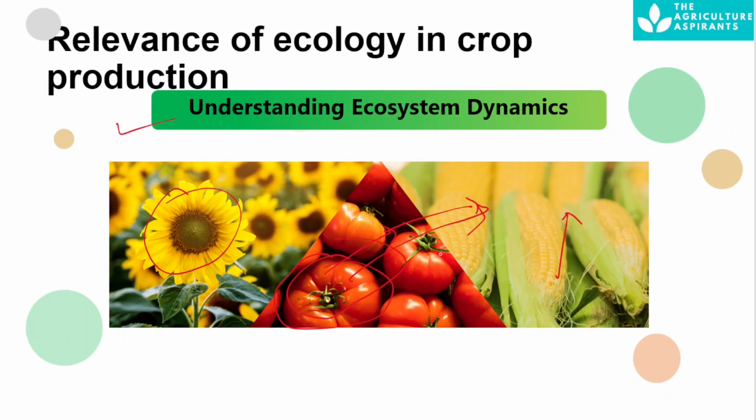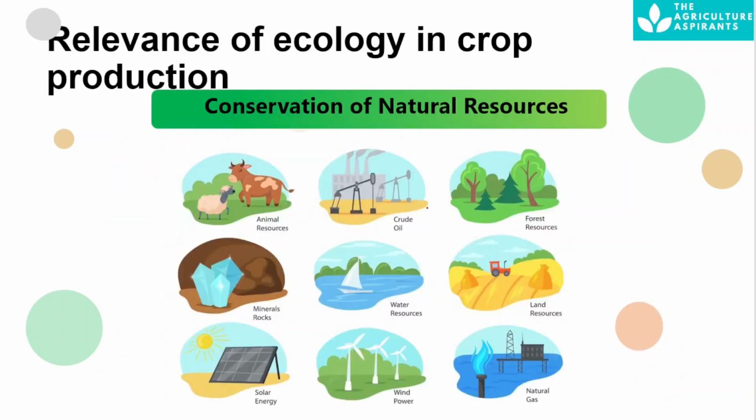After understanding the ecological principles, it helps in understanding ecosystem dynamics and in pest management. We will judiciously and strategically analyze the environment and species, which environment is suitable for that particular species.